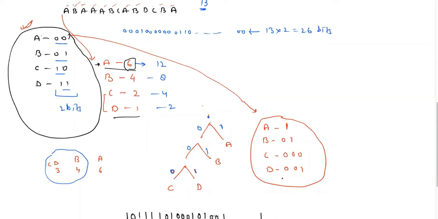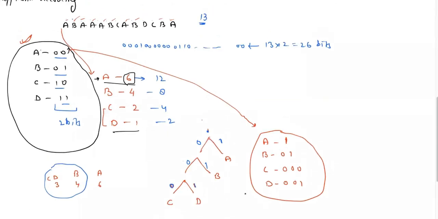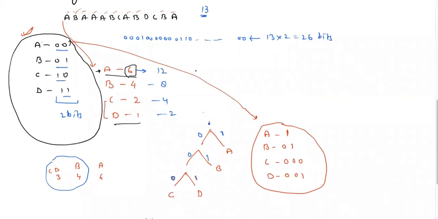So what is the total number of bits that we will be using? For A, we will be using 6 bits. For B, because the length of code for B is 2, we will be using 8 bits. For C, the length of code is 3, so we are using 6 bits to represent all the C's in the file.